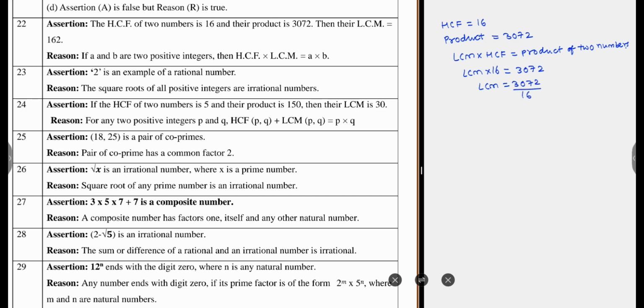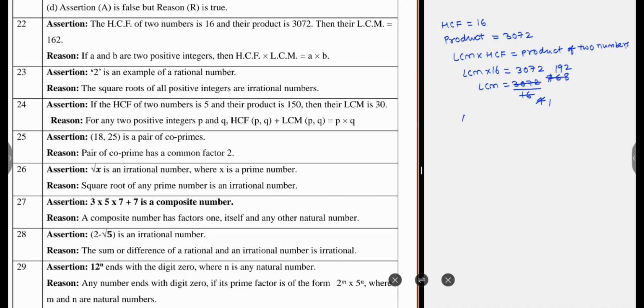So we have to cancel now. Let us use the 4 table. 4 ones are 4, 4 fours are 16. 4 sevens are 28. 4 sixes are 24. 4 eights are 32. Again the 4 table: 4 nines are 36, 4 twos are 8.